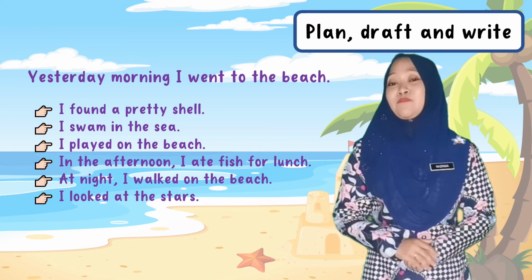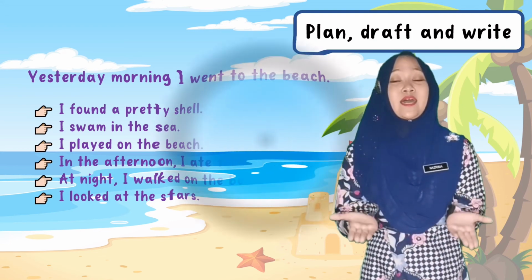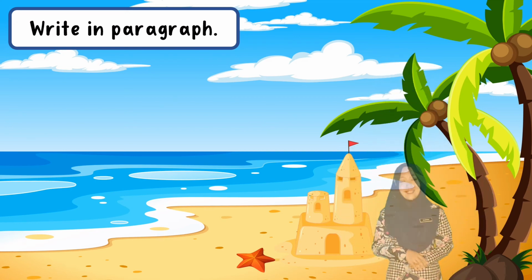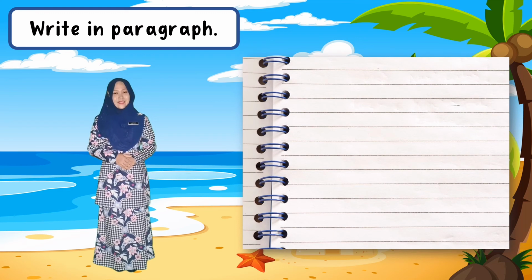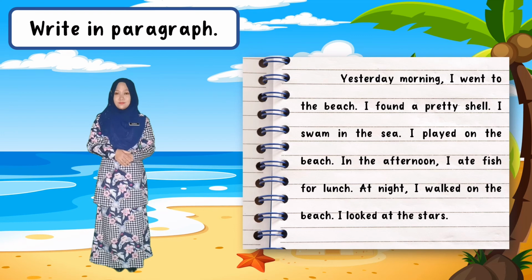So, before we end our lesson today, we have to write at least a paragraph about a holiday using the 6 simple sentences that you have drafted just now. You may write like this. Yesterday morning, I went to the beach.